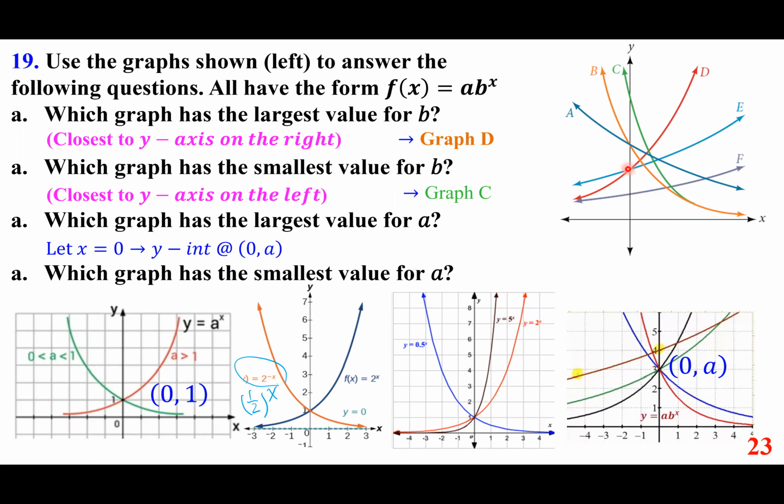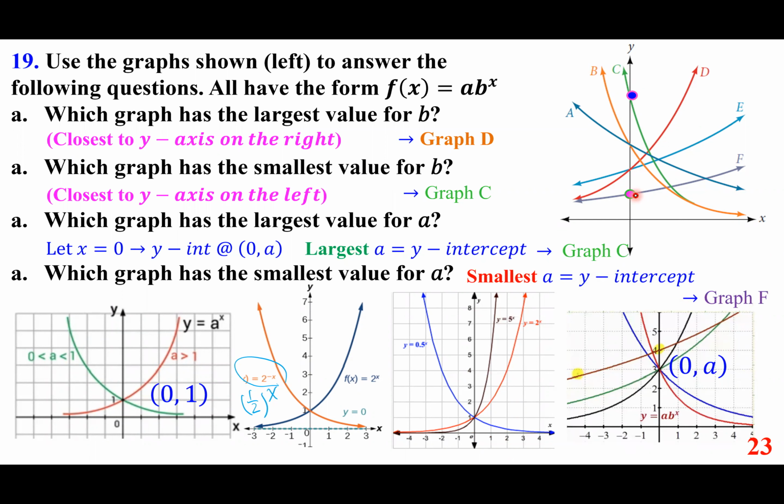This is the y-intercept, this one has the largest y-intercept. So it's the green one again, graph of C. And which one has the smallest one? Look at this. This is a y-intercept. This is the smallest of all. And that would be the graph of the f function.